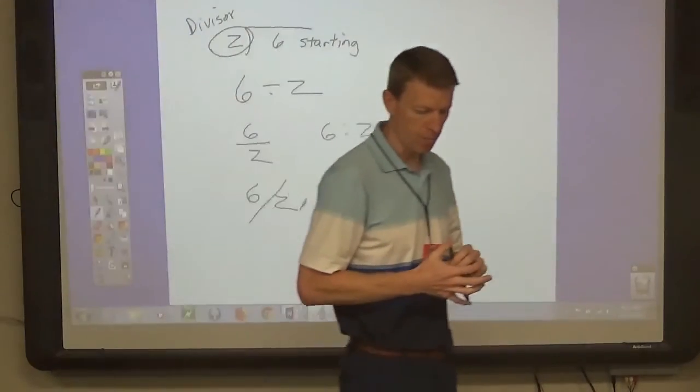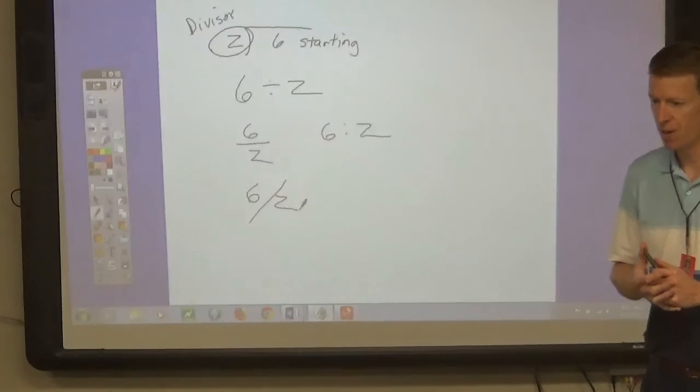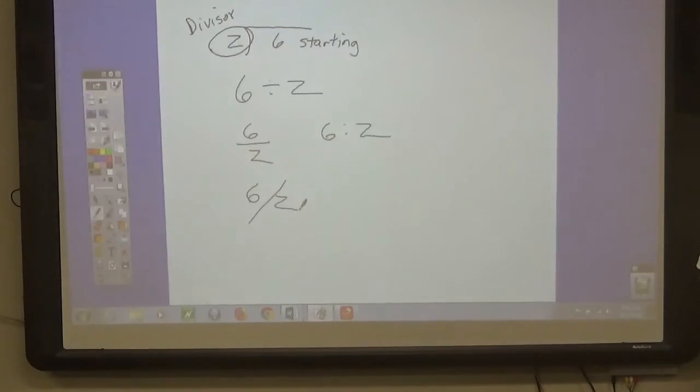Liv? It can be multiplying or adding. Multiplying or adding, yep, so it applies to both. In other words, 3 times 4 is the same as 4 times 3.